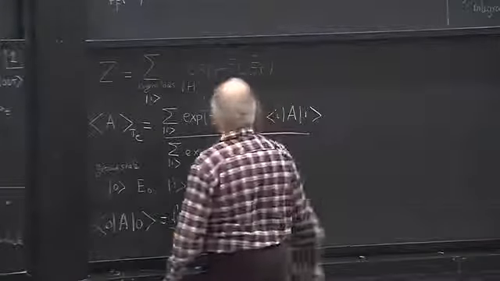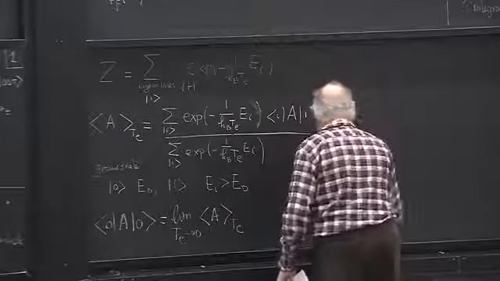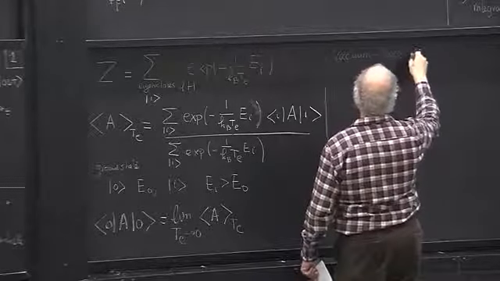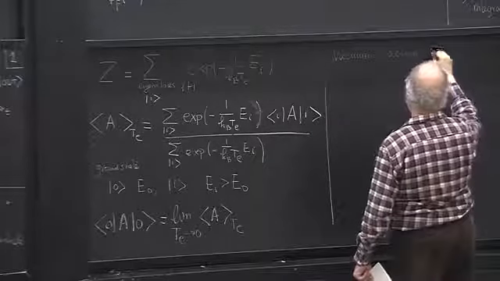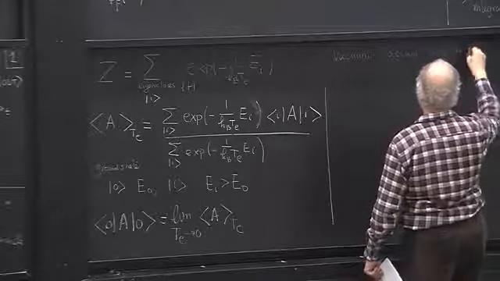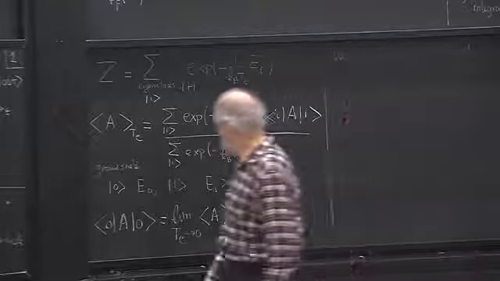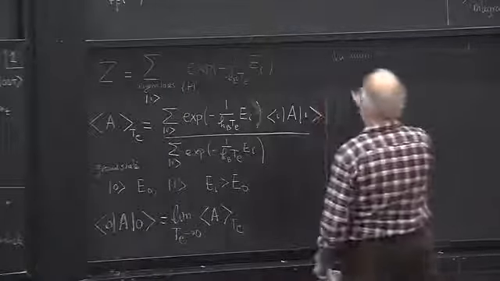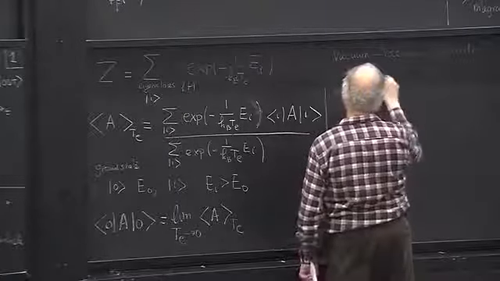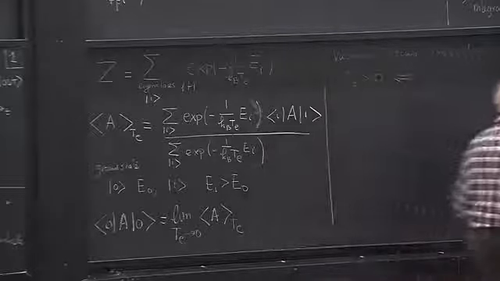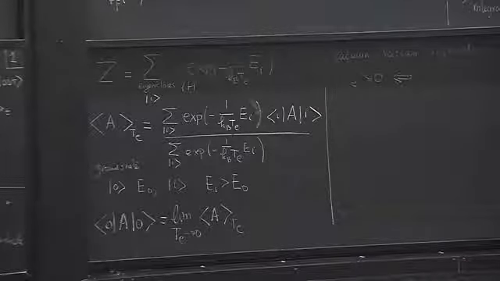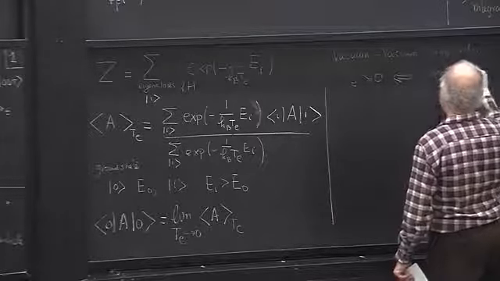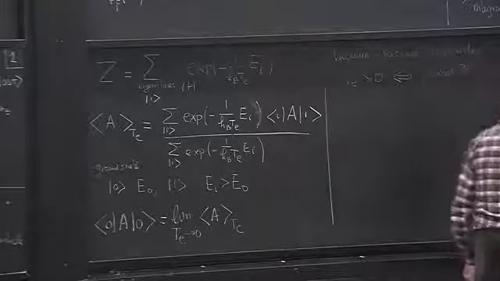So in order to compute vacuum to vacuum amplitudes, matrix elements, you just have to take the limit T goes to 0. But T going to 0 is of course equivalent to taking the limit when the period tau goes to infinity.